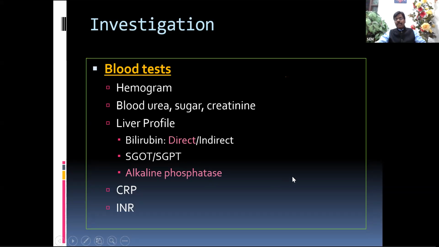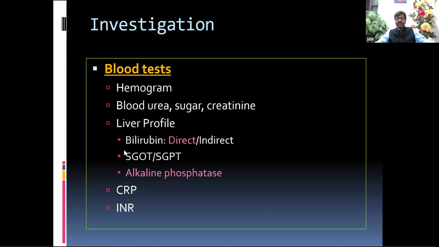I'm sure in your biochemistry class and also in a medical ward, they would have explained to you that in a patient with obstructive jaundice, for example with a bile duct stone, the direct bilirubin will be raised, SGOT and SGPT normal or near normal, but they'll have a grossly increased alkaline phosphatase. And if they have an inflamed gallbladder like acute cholecystitis or infection, C-reactive protein will be increased.